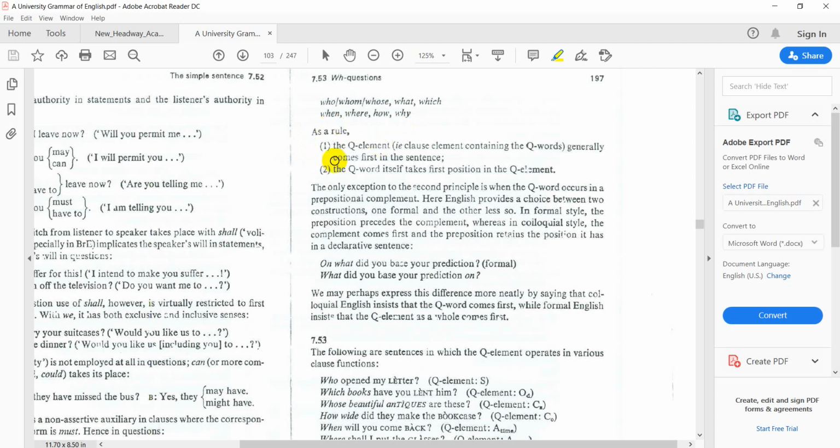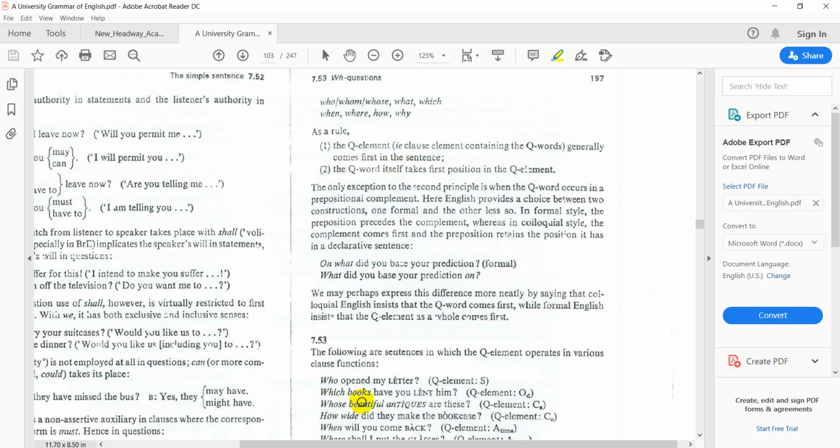As a rule, the cue element, please pay attention to the word cue element, means the clause containing the cue word. For example, which books? It is not one word. It is a clause. A clause element containing the cue word generally comes first in the sentence, like this one: which books?